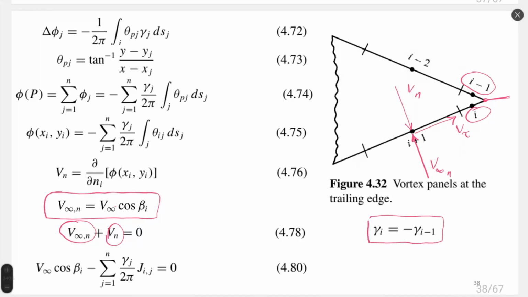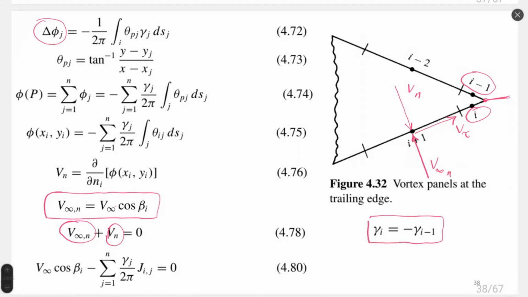is shown in equations 72 to 76. Equation 72 is the potential function at each panel generated by the vortex distribution over this panel.